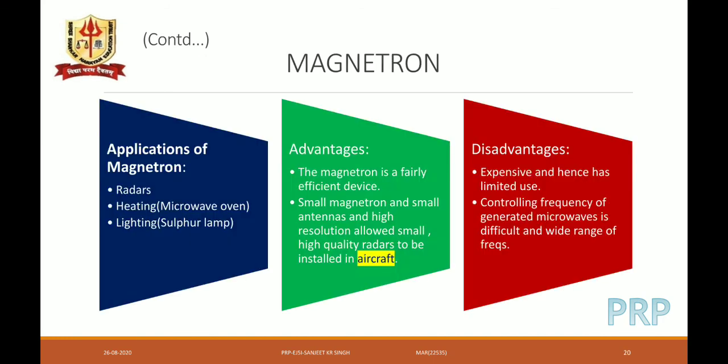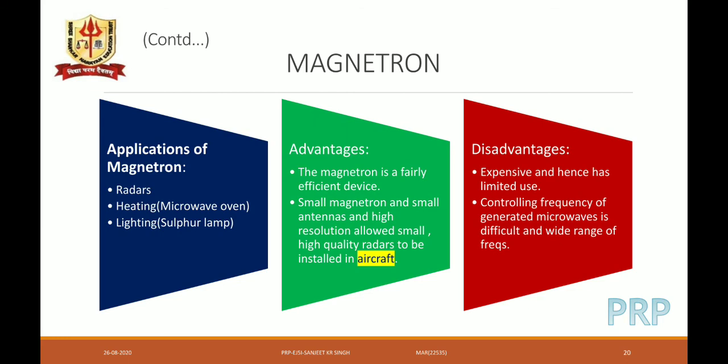So what are the advantages, disadvantages and applications of magnetron? The advantages include higher efficiency, a more efficient device, and due to a small structure, small antennas and high resolution, it allows the magnetron to be used in aircraft.